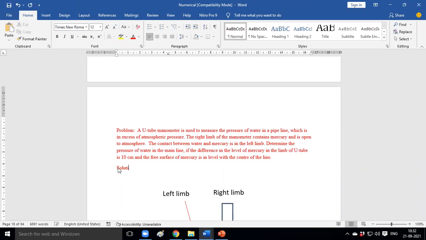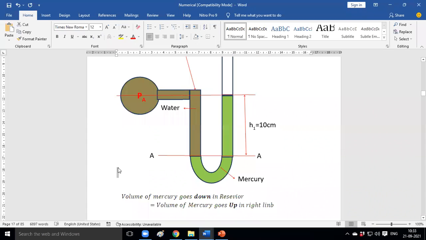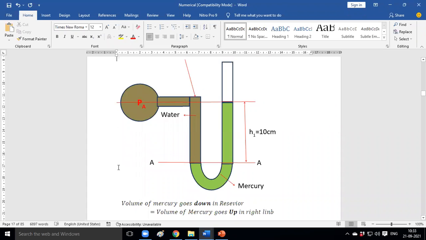No, sir, not given. As it's a fixed value, there is no need to mention it in the numerical. If it is given in the numerical, then you can write the value as it is. But if it is not mentioned in the numerical, then you need to write the universal value.